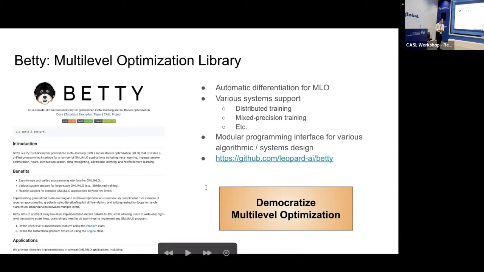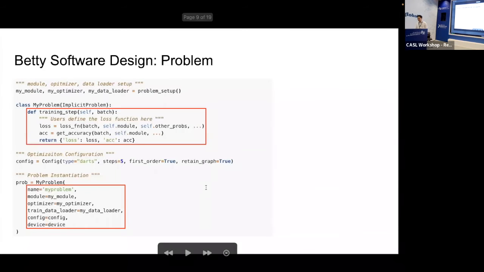For example, there are multiple algorithms for iterative differentiation or implicit differentiation. We let users choose whatever algorithm they want using just one line of code change in our library. In doing so, we wanted to democratize multilevel optimization and let users model various interactive learning scenarios in an easy way.